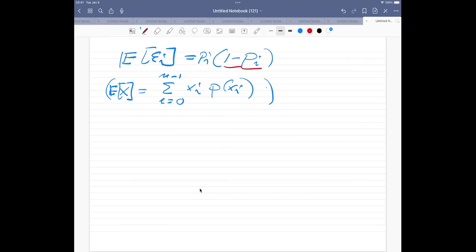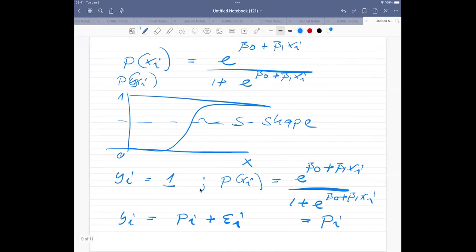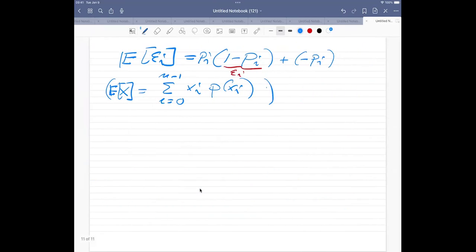So this quantity here is epsilon of I. Then I have plus minus P of I multiplied with a probability, which in that case is something which we have defined for y of I equal to 0 to be 1 minus P of I. So that means that I have then to multiply this quantity with 1 minus P of I. And if I bring everything together, this is equal to 0. So it has a 0 mean value.